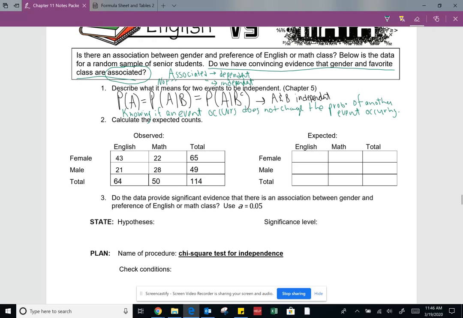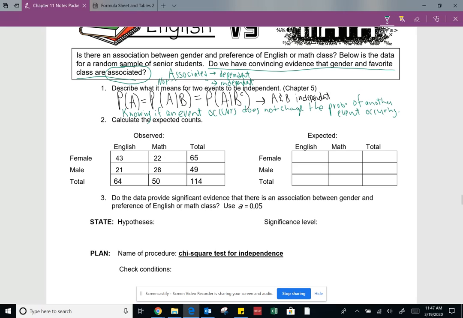For the gender, we found out there were 65 females and 49 males. We found out that of the entire survey, 50 preferred math and 64 preferred English. And then we have the males that preferred English, the males that preferred math, the females that preferred English, and the females that preferred math, all right there.